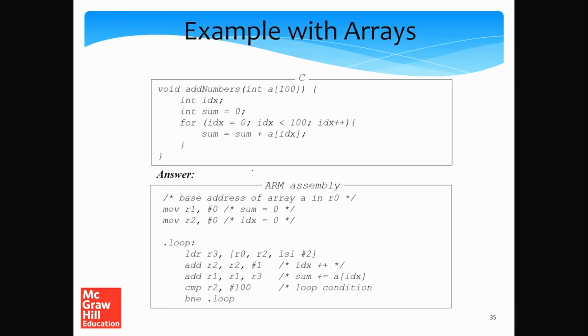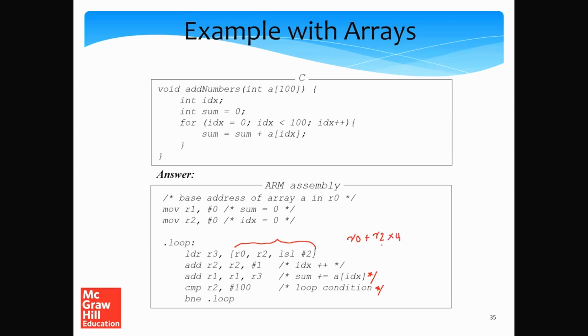So let's go back to our example where we were adding numbers. Let me again correct it with the end of the comments. We're adding 100 numbers in a loop, and we use this complicated expression to compute R0 plus R2 times 4.